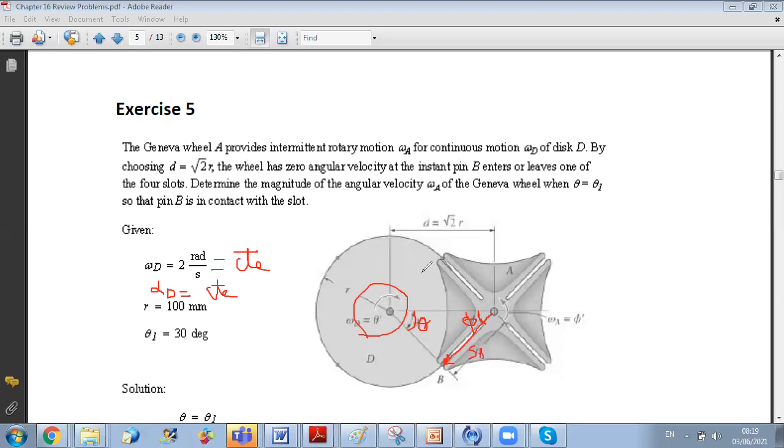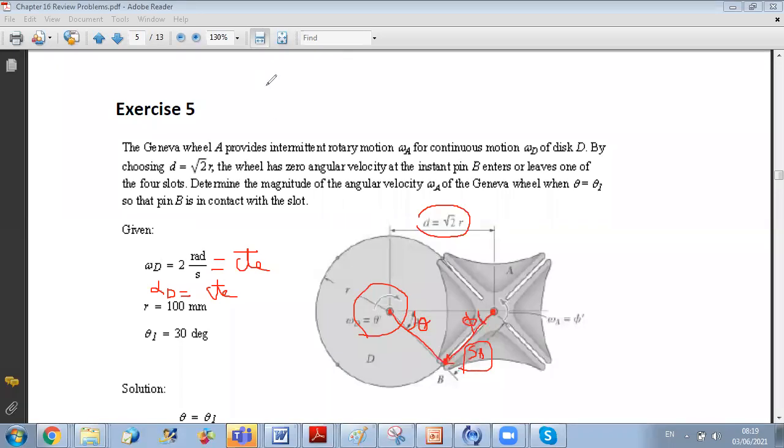Now, to do so, if we look at our figure, we can already form a triangle. This triangle is this one. From the center to the center, this is a fixed length D, D equals radical 2r. And this distance is fixed because B is fixed on the wheel, but S B is varying since B can translate in the slot.